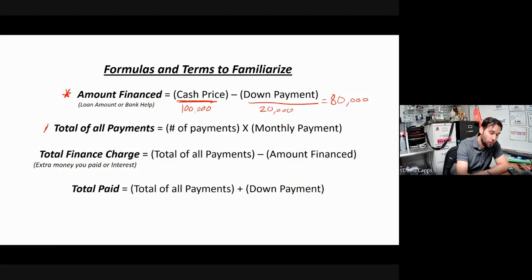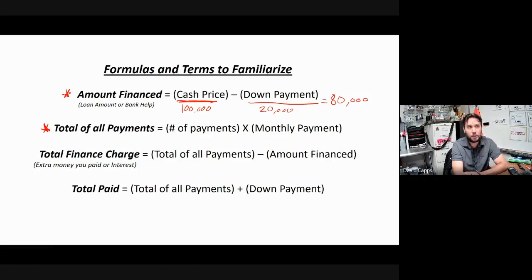Next one is the total of all payments. So let's say when you buy your house or you buy a car or whatever, you take your payment. Say your monthly payment is $500. So you calculate it, it's $500. To get the total of all payments, kind of like what it says, you take the number of payments.